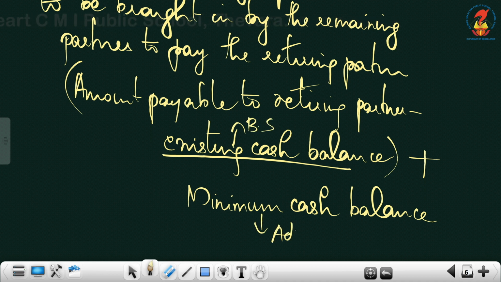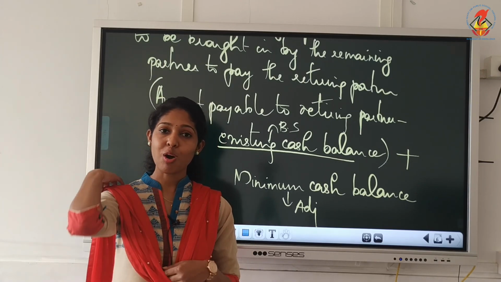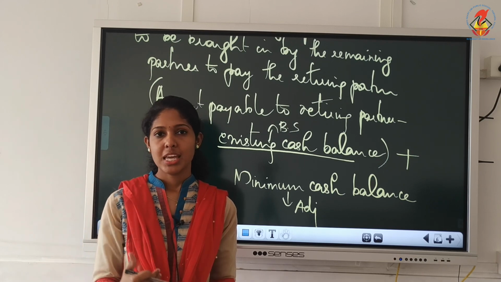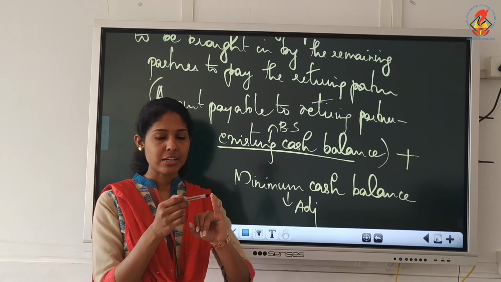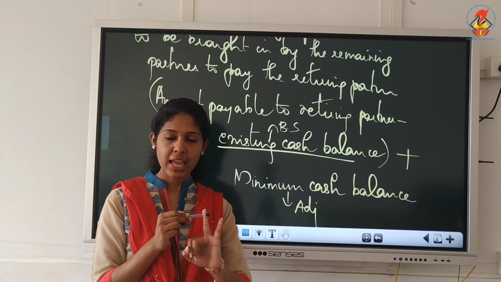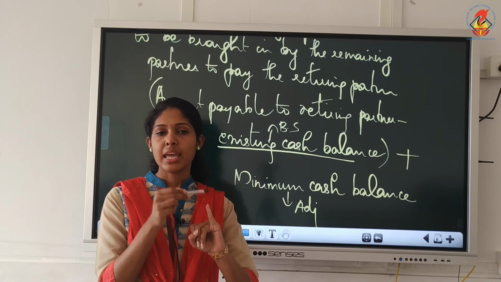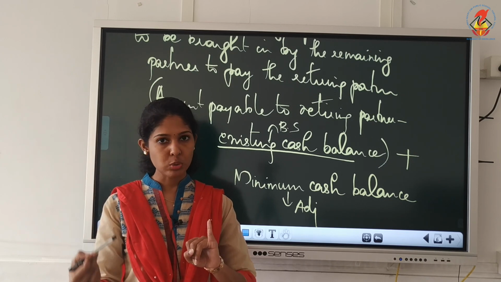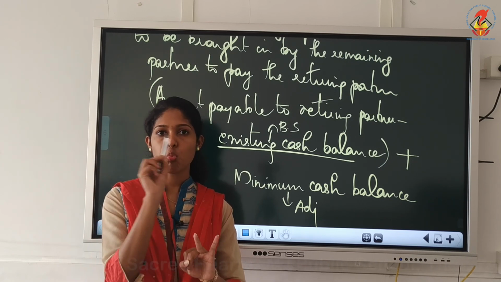Minimum cash balance they will mention in the adjustment, that means the firm should maintain a minimum bank balance of rupees 5,000. So this is the formula: adjusted capital, shortage of cash, minimum cash balance. Shortage of cash is the amount payable to retiring partner, that is the amount transferred to his loan, minus existing balance in the balance sheet.